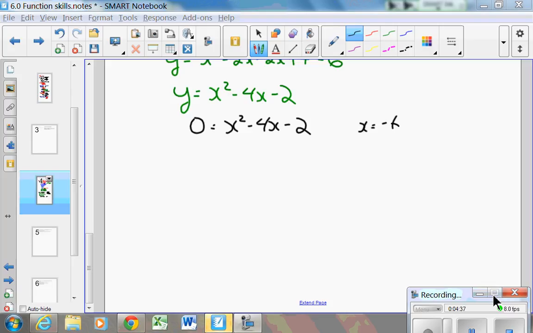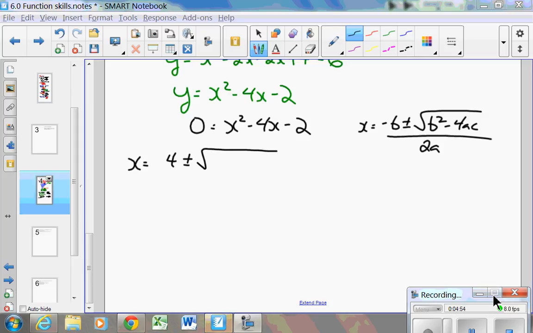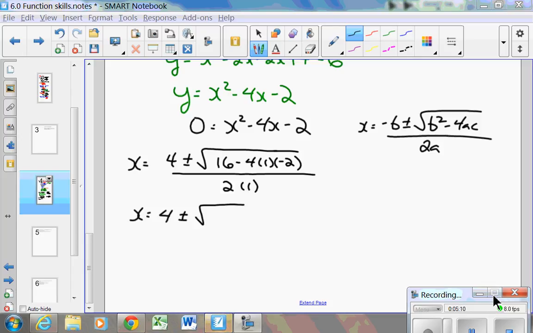We haven't used it a whole lot, so let's just write it down: negative b plus or minus the square root of b squared minus 4ac, all over 2a. To find my zeros, the b value is -4, so that becomes +4. -4 squared is 16, minus 4 times a times c, where c is -2, all over 2 times 1. 16 plus 8 is 24, all over 2.